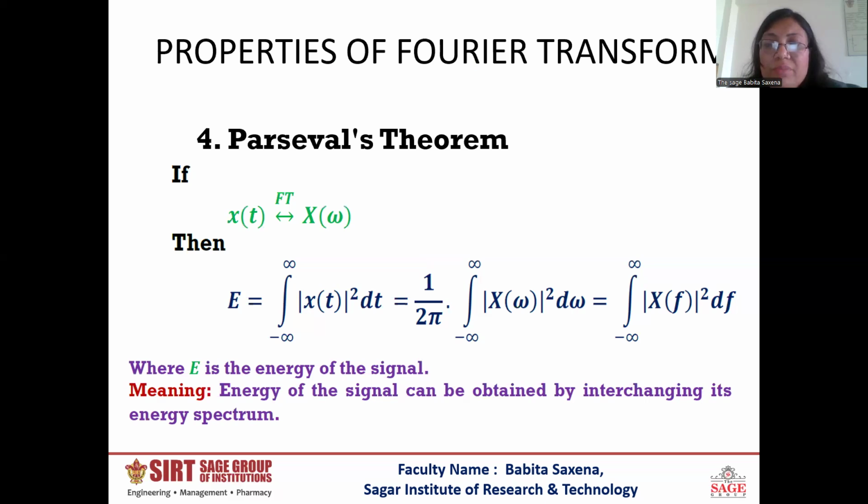Then how will we determine the energy of the signal in the frequency domain? 1 upon 2 pi, integral from minus infinity to plus infinity of modulus of X(omega) whole square d omega. So in this way also we can calculate the energy of a signal if the frequency spectrum or the Fourier transform of the given signal is already given. Then there is no need for the inverse Fourier transform; just use this formula to calculate the energy of the signal.